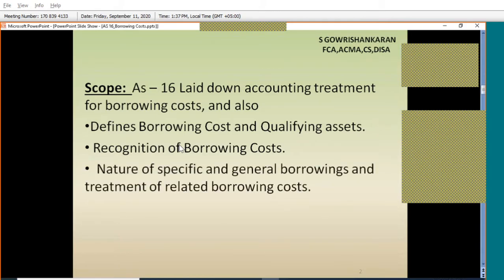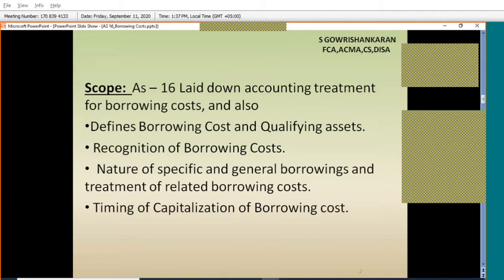And also types of borrowing, that is the nature of specific and general borrowings and treatment of related borrowing costs. Then timing of capitalization of borrowing cost. That is nothing but when I should capitalize, when I should not capitalize, and when I should stop the capitalization.